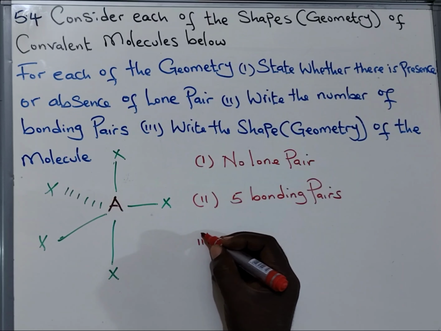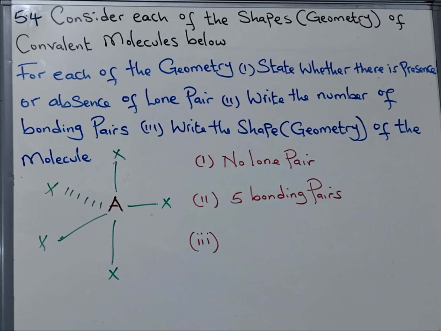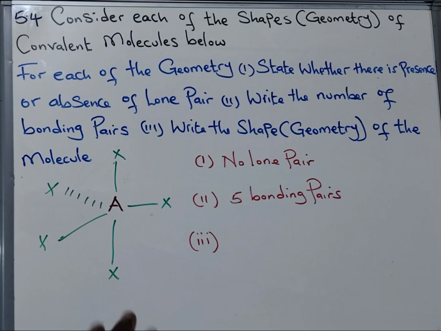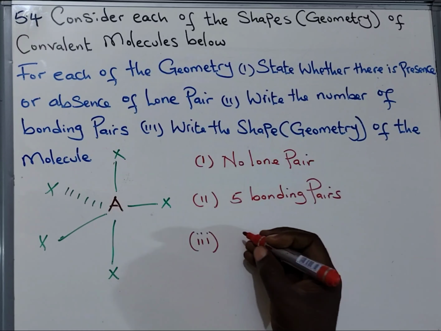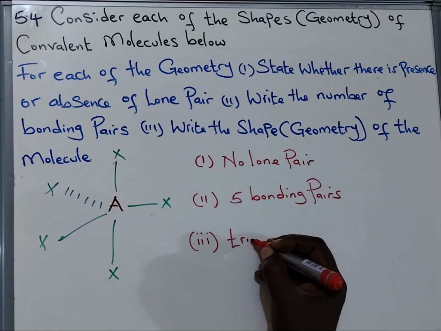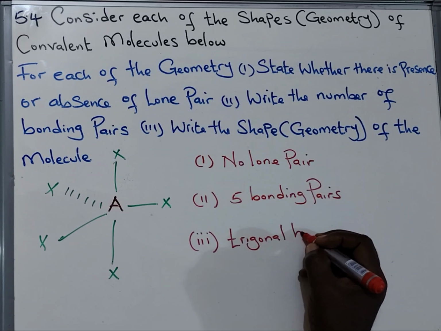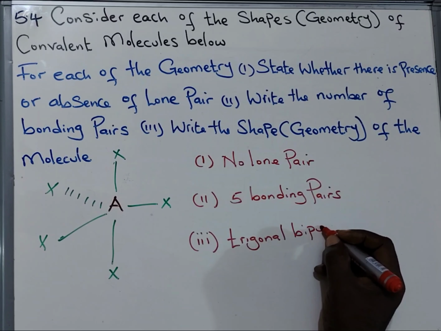Then we come to number 3. Write the shape or geometry of the molecule. So what is the shape of this molecule? Because it has a triangle up and a triangle down, we call it trigonal bipyramidal.